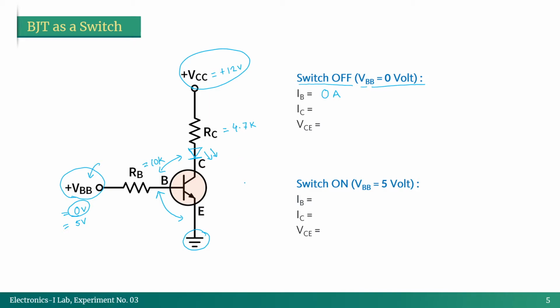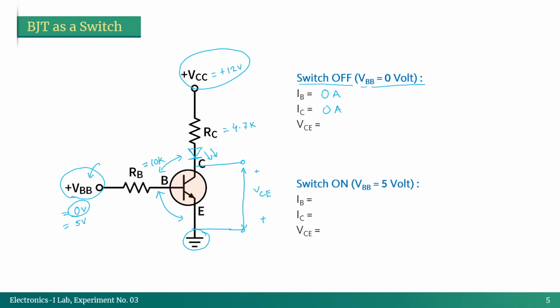As we know, right now it's in cutoff mode, our whole thing is turned off, so this is 0 ampere. Then what should be the value of VCE? That is the value from here to here, right? So this is called VCE, the voltage across collector to emitter terminal.